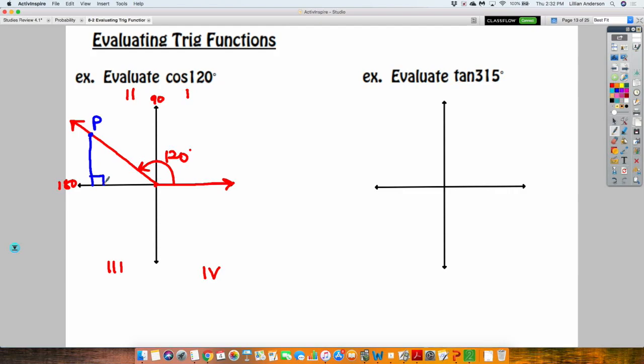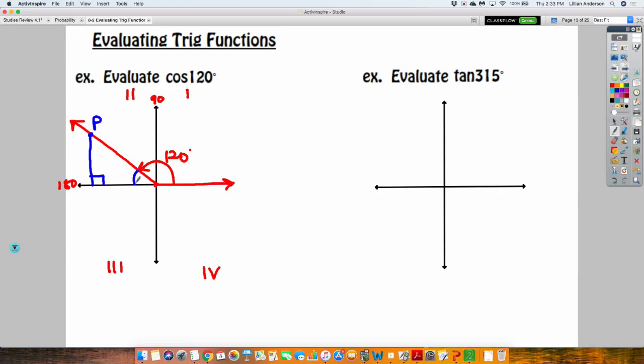Determine the reference angle. Now the reference angle, as it was on the previous slide, said that it was what type of angle? An acute angle, which means it needs to be in between 0 and 90. And considering that I've already covered 120 degrees going in the counterclockwise direction to create this angle, how many degrees is this?